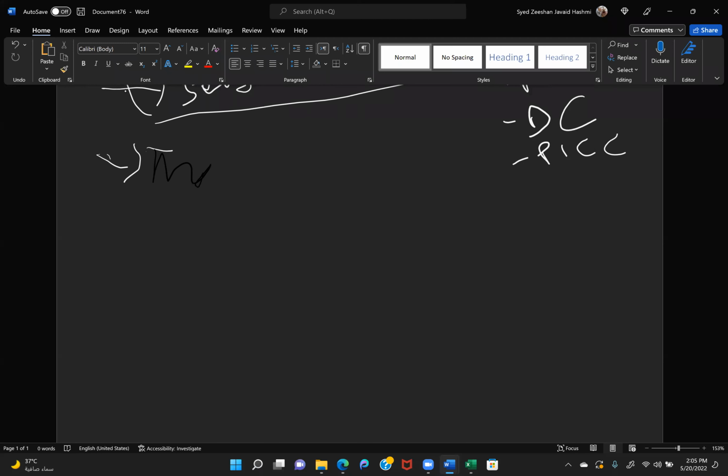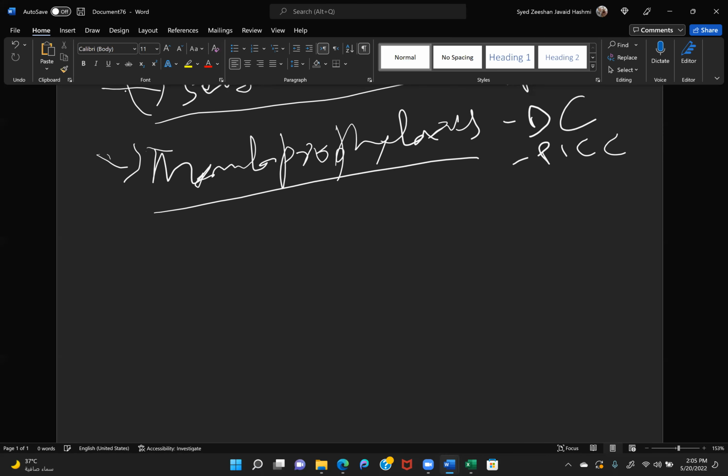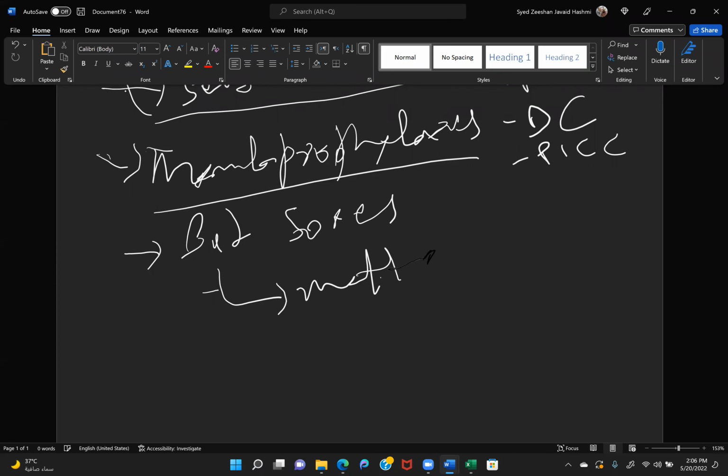Some other things related to risk of thromboembolism, thromboprophylaxis, as well as bed sores. For bed sores, for example, there are special mattresses, air mattresses.